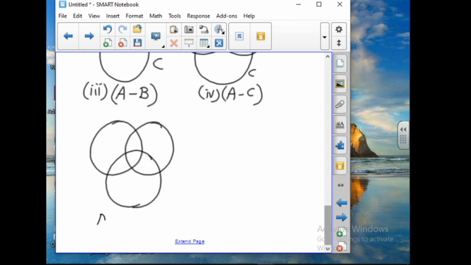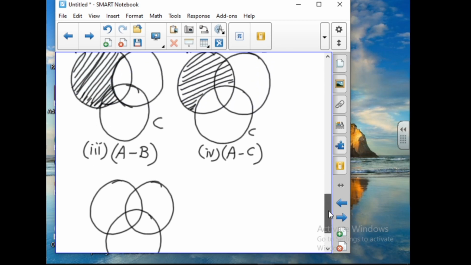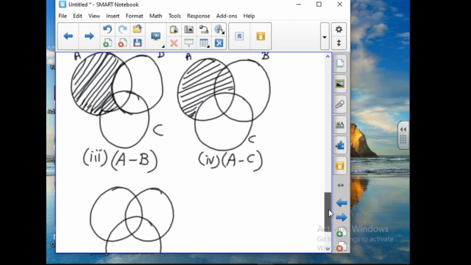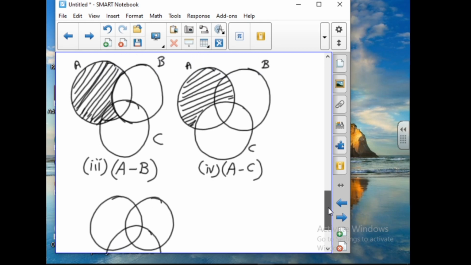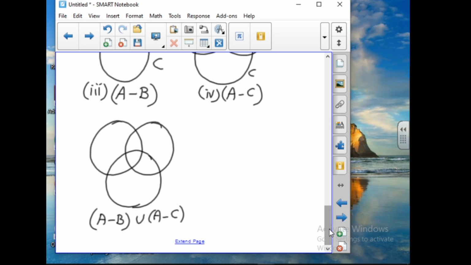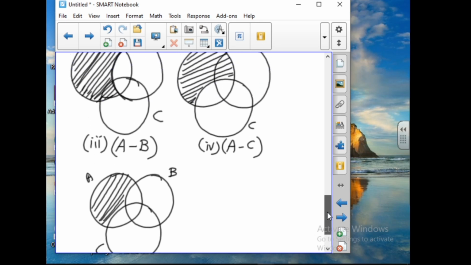A difference B union A difference C. So you have to join the sets of the third diagram and the fourth diagram. You have to join that. What are the shaded parts there? You have to draw in this diagram. So that is A, B, C. So this part is included. First we can draw the third diagram.